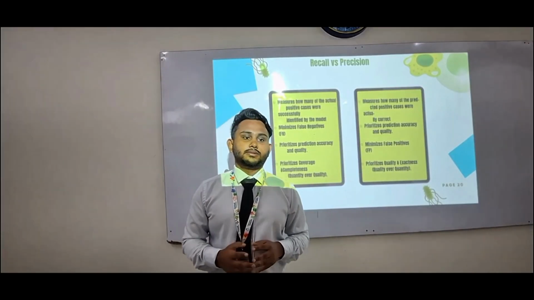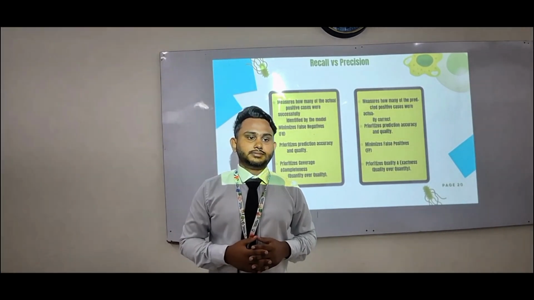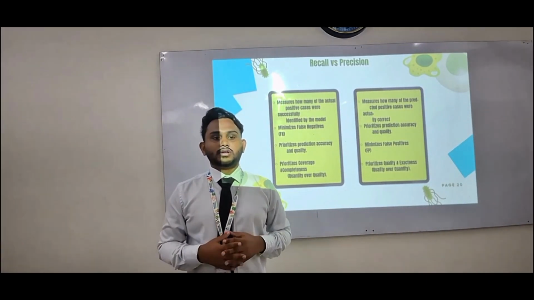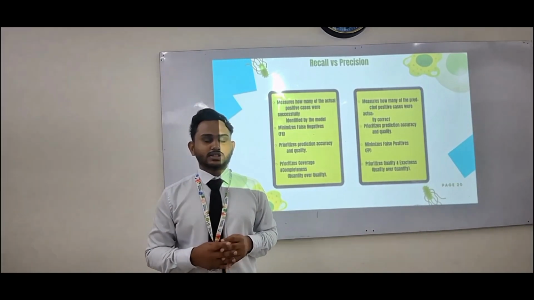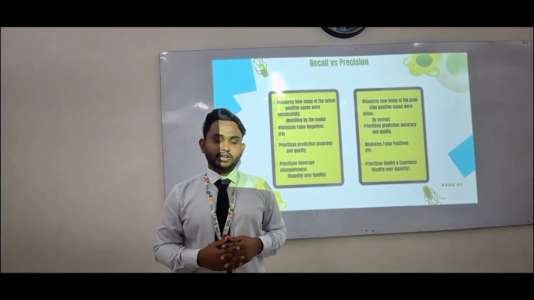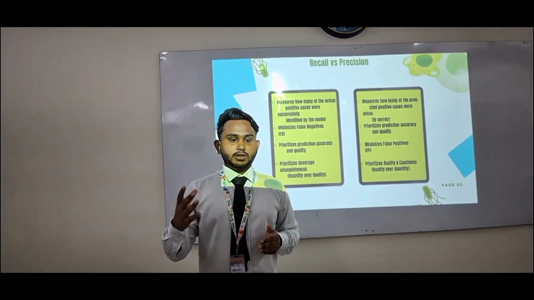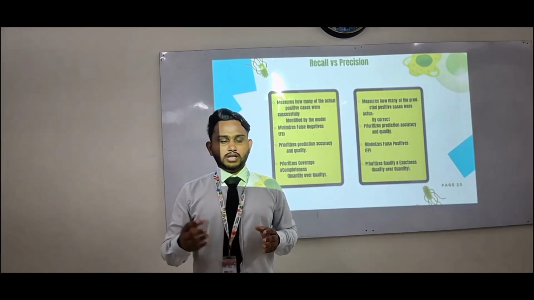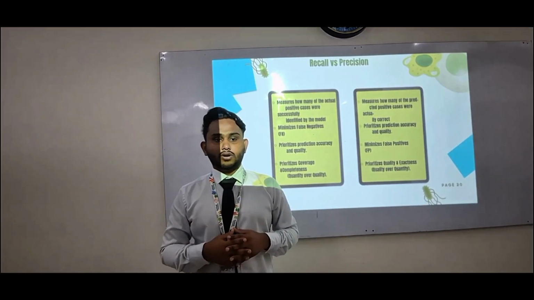To summarize, let's compare precision and recall. Recall measures how many of the actual positive cases are successfully identified. It minimizes false negatives and prioritizes coverage or completeness. In simple terms, essentially quantity over quality.